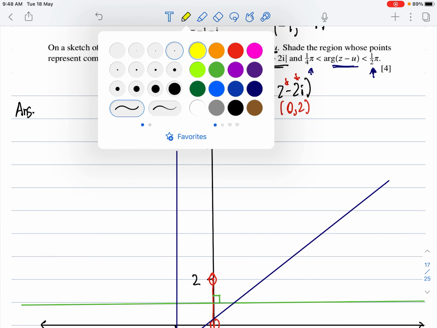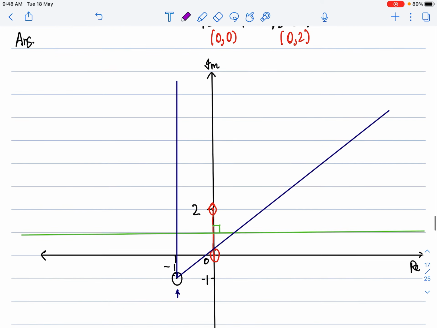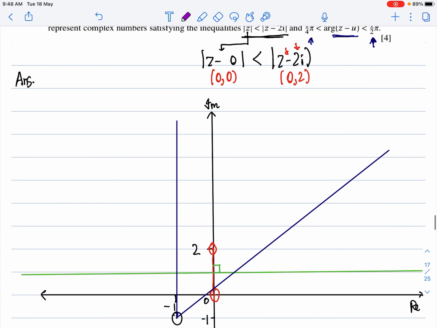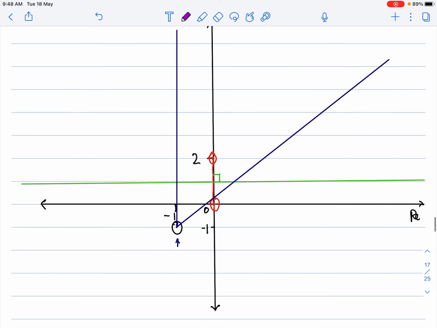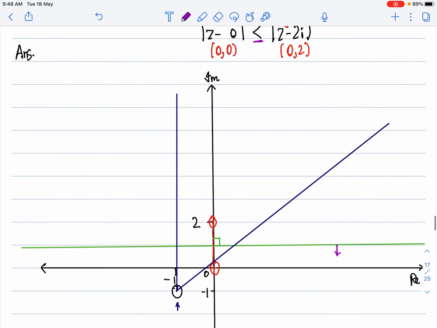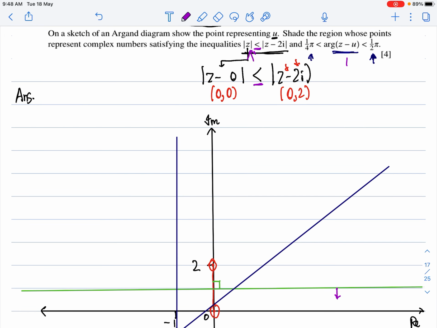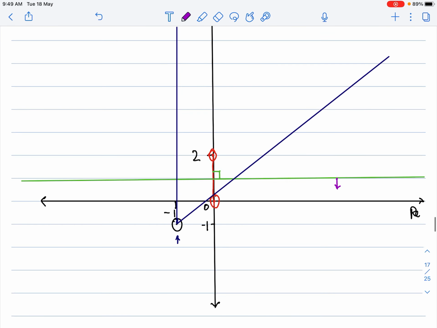Okay. Now the main question comes, what do we sketch? Which color? I think I should take purple. See, look at the perpendicular bisector here. Okay, they want the perpendicular bisector because it's a less than sign, it should be closer to the origin, correct? Because wherever it's less than, it should be closer to that. That means the direction of this green line is something like this. Now I need argument of z minus u between both of these lines.